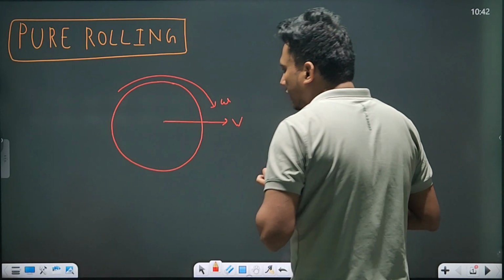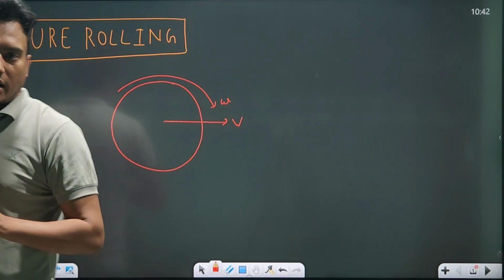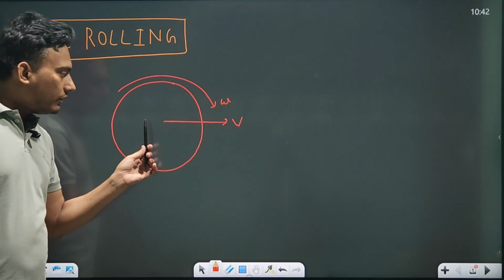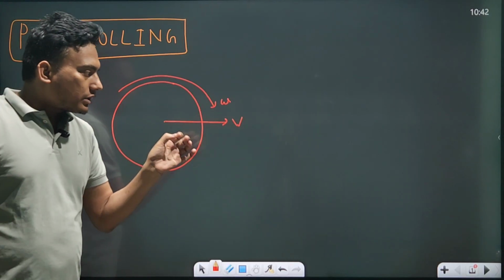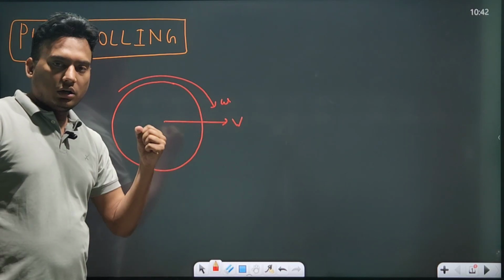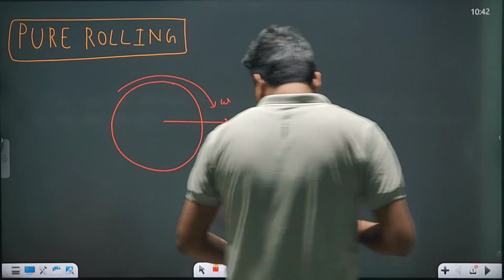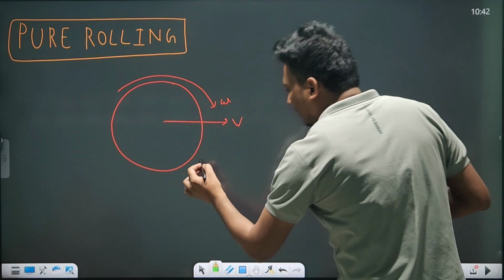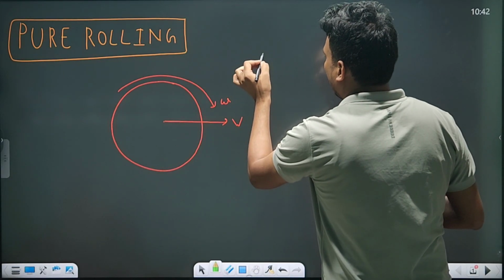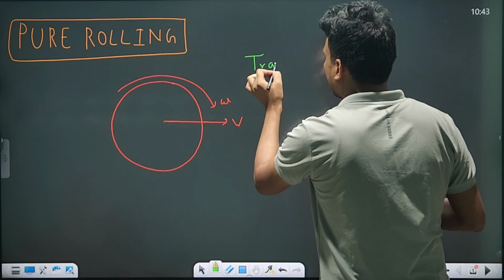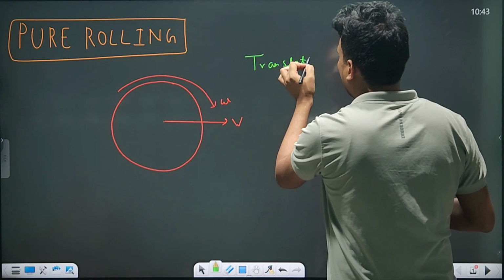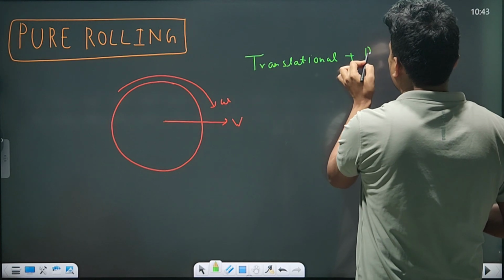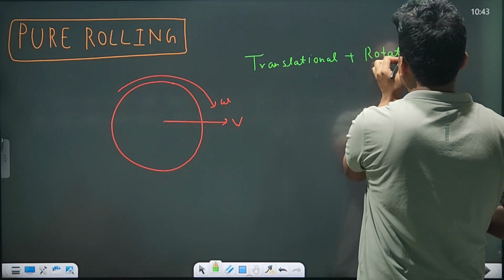You can see here the wheel of a car basically has two motions. One is rotatory motion and one is linear motion. The linear speed is called v and the angular speed is called omega. So the wheel has two types of motion: translation plus rotation.